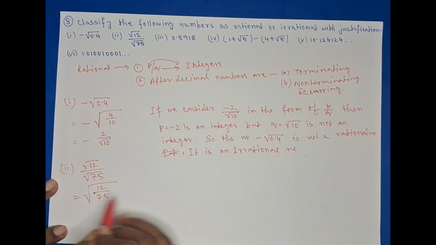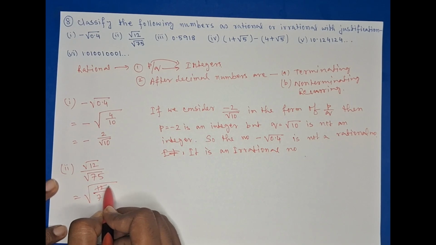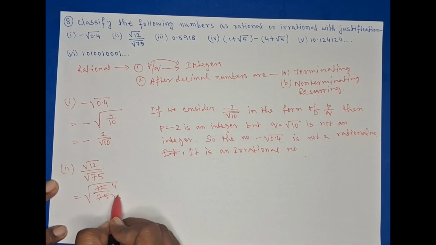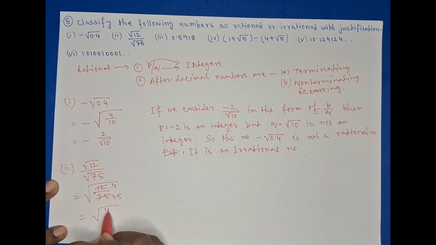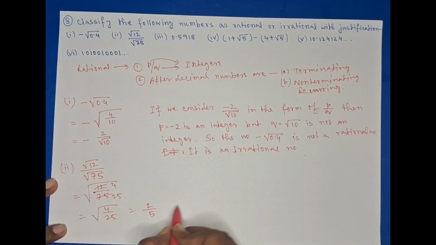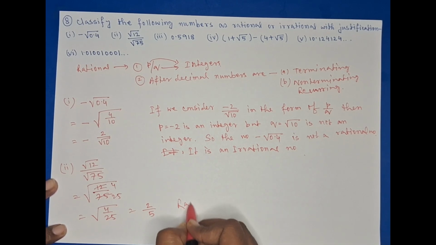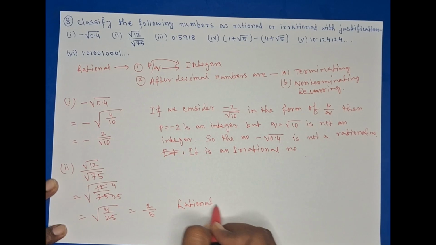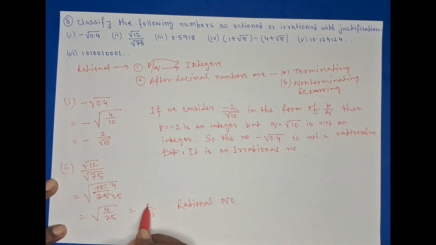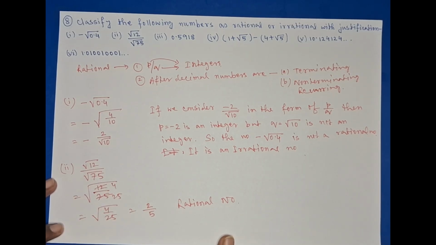We can divide it by 3. We get it as 4 by 25. This is equal to 2 by 5. And this is a rational number. Why? This 2 is an integer, 5 is also an integer.